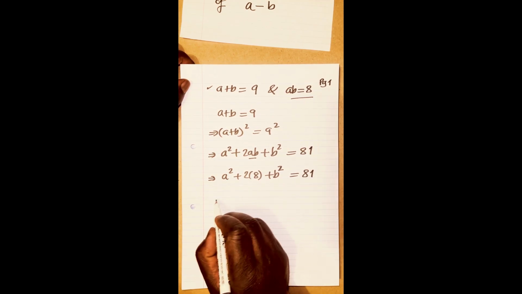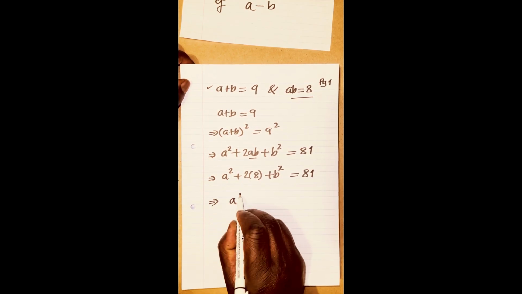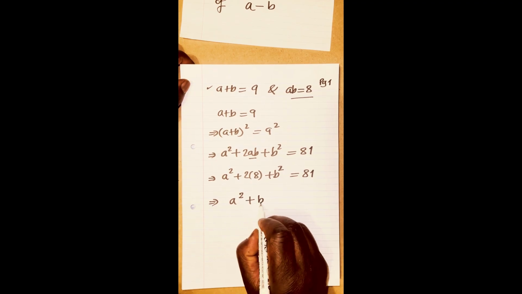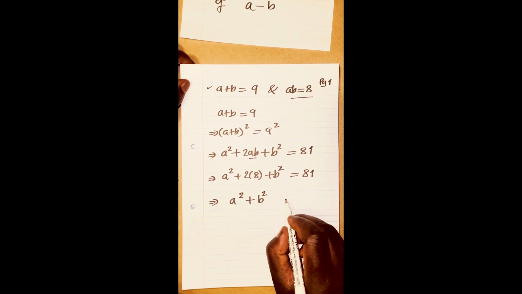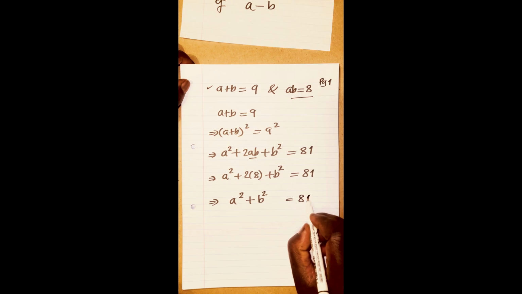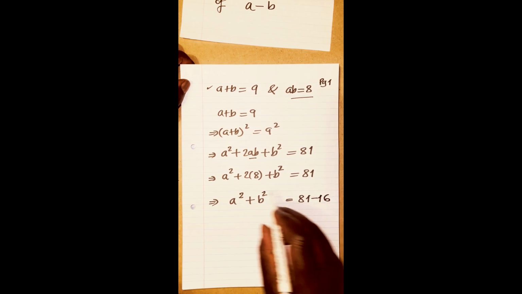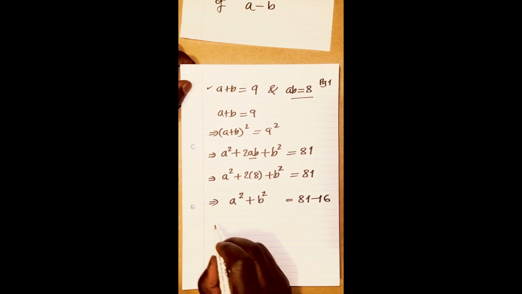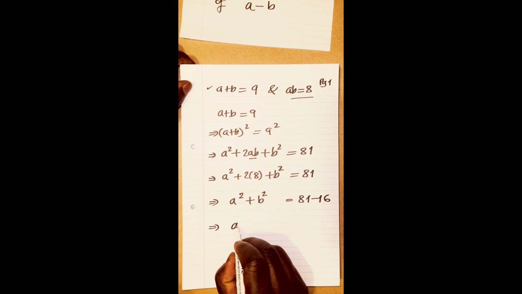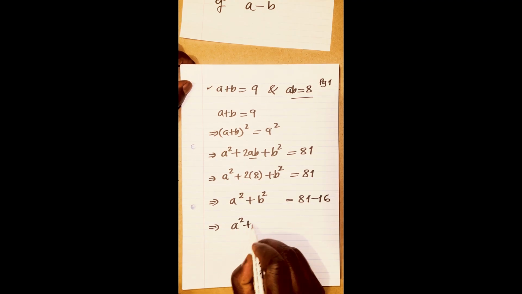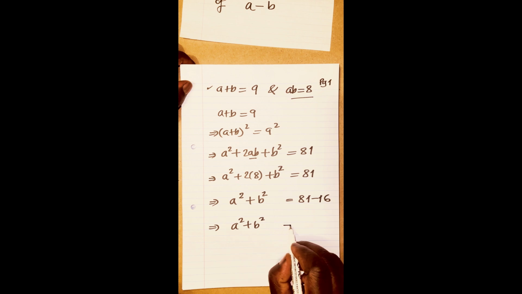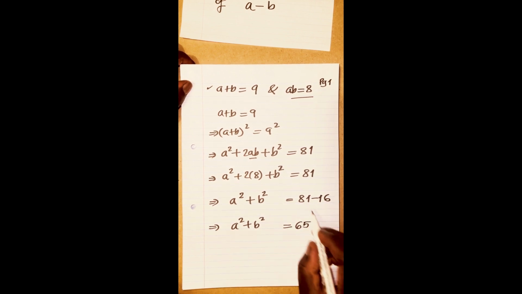Now what do we have? We have a squared plus b squared equal to 81 minus 16, because 2 times 8 is 16. So a squared plus b squared is equal to 65. When you subtract 16 from 81, you get 65.